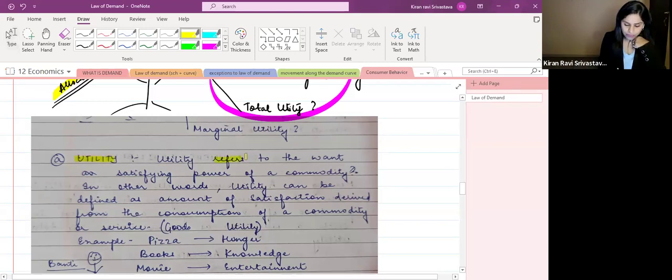Utility refers to the want satisfying power of a commodity. Every commodity which you consume or use, the goods and services, has the power to satisfy your want. That is why you are using it.